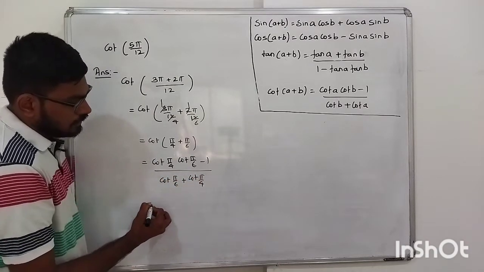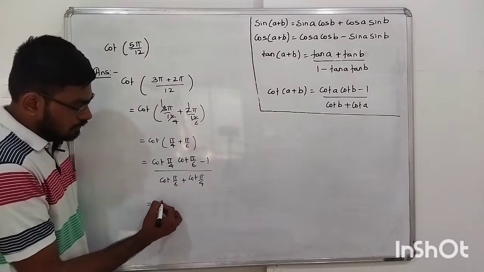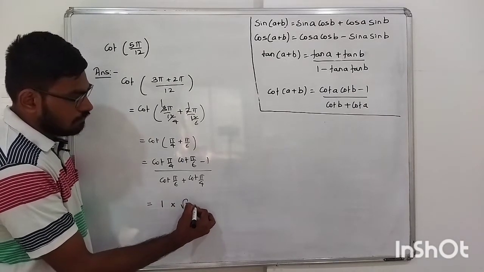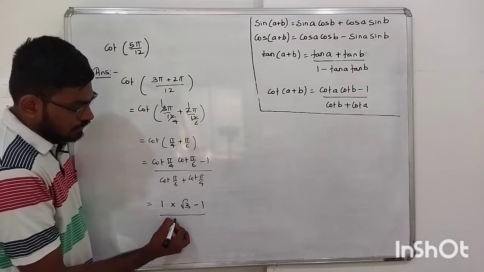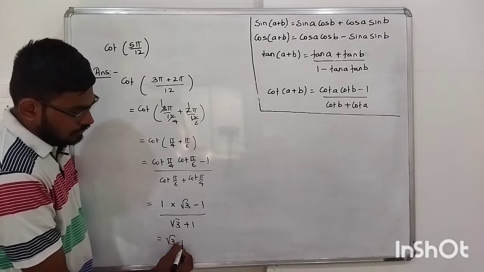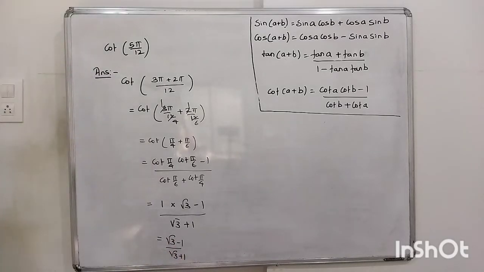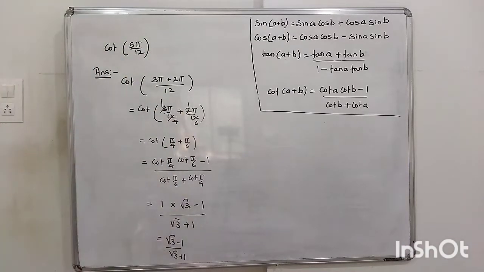Just simplify this and get the answer. What is cot of pi by 4? Cot of 45 degree is 1, into cot of pi by 6 which is root 3, minus 1, upon cot of pi by 6 which is root 3, plus cot of pi by 4 which is 1. So root 3 minus 1 upon root 3 plus 1. This is the answer of cot of 5 pi by 12. Or else you can convert this into degrees and find the answer.